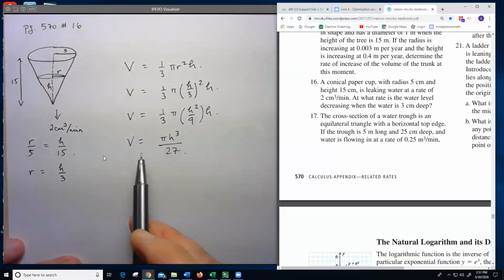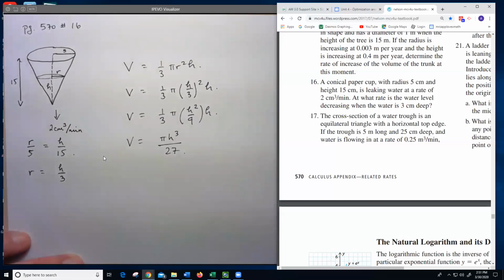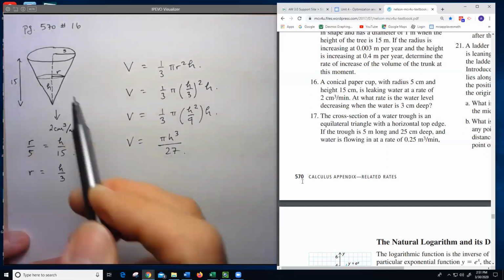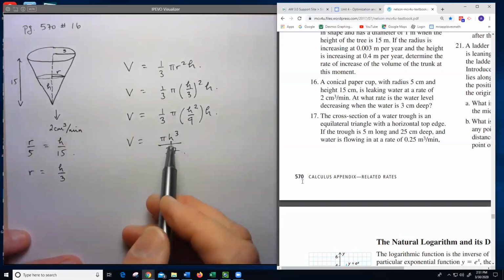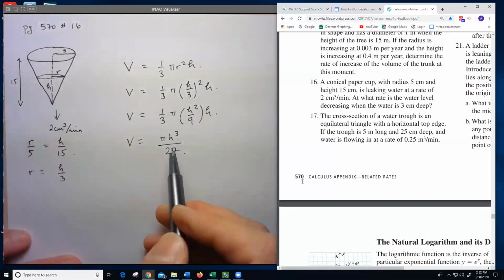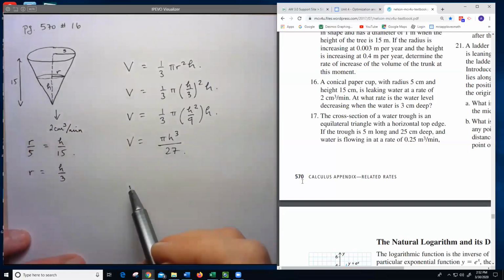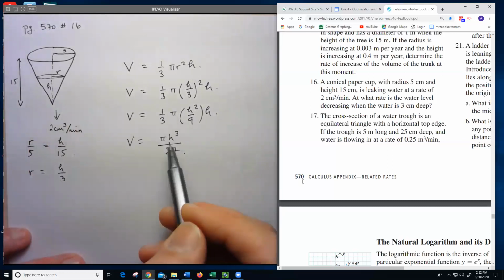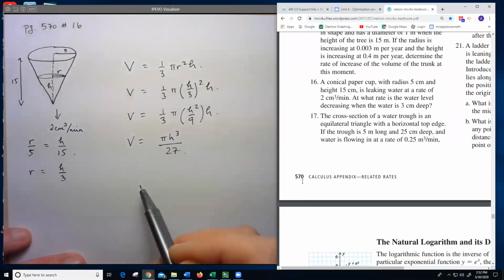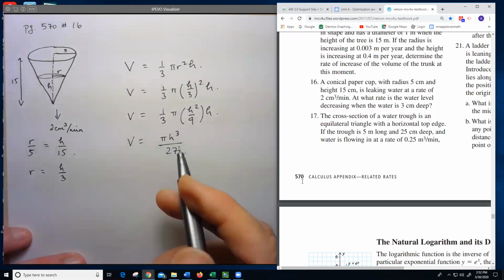Okay, so what we have now is a relationship between the volume of water in the cone and the height of the water in the cone, okay? But what I want is a relationship between their rates of change to create a related rates problem.